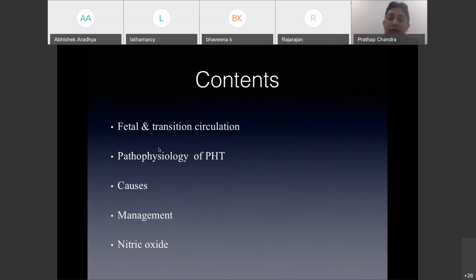So I thought I would start with a little bit of fetal and transitional circulation introduction, the pathophysiology of how pulmonary hypertension starts and establishes itself, some of the causes of it, and how you broadly manage pulmonary hypertension before going on to the actual nitric oxide part of it.